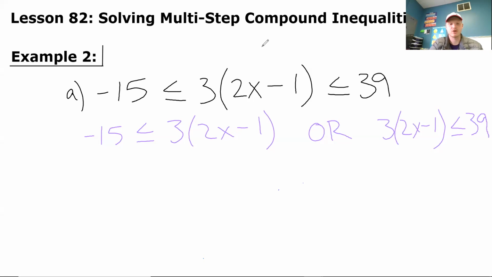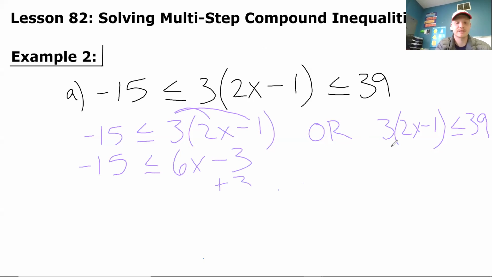So let's try our first inequality first, because now this is something that we have done before in example 1. So we have negative 15 is less than or equal to, so let's distribute here. So 3 times 2x, 6x, 3 times negative 1, negative 3. Add 3 to both sides.